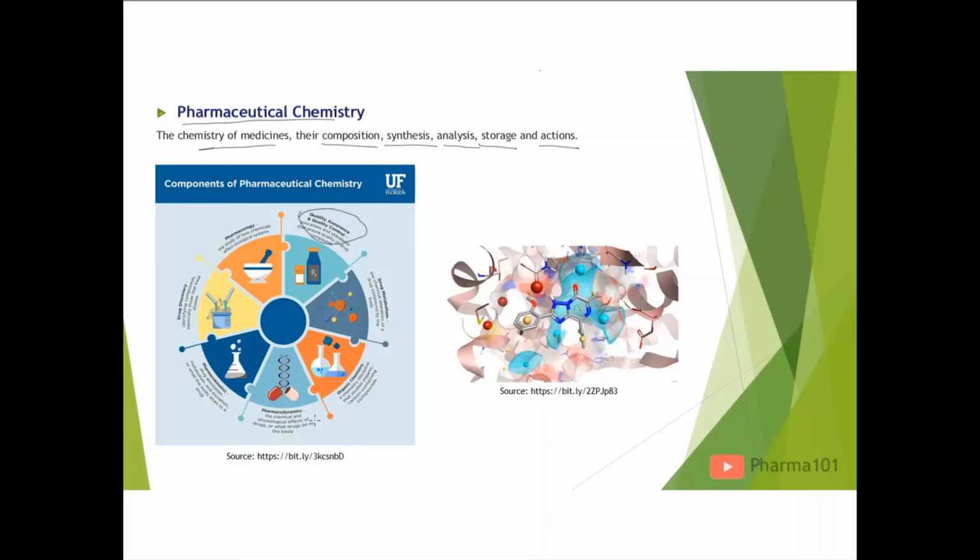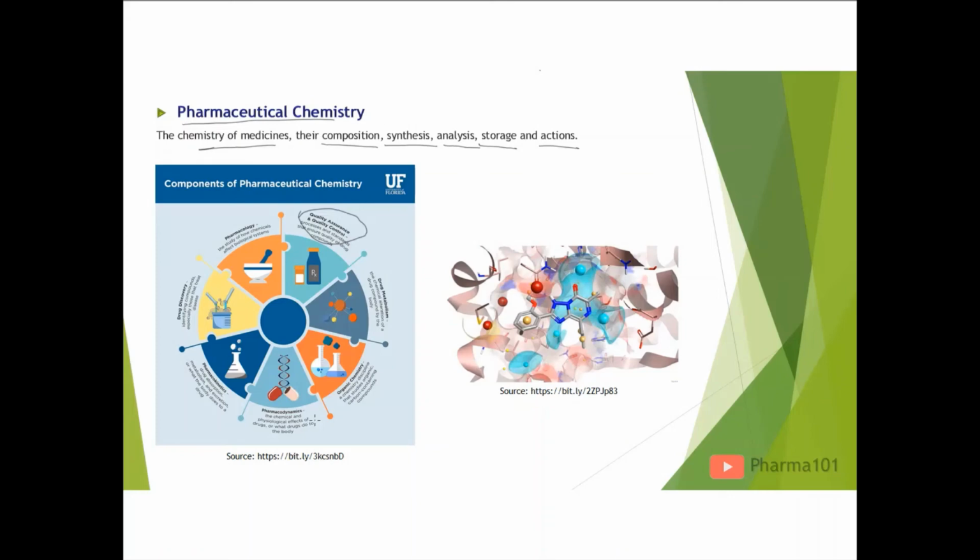So we have to make sure that the medicines meet the quality standards that have been set by international regulatory bodies. So this entire process and the study of all these aspects in drug discovery and development comes under pharmaceutical chemistry.